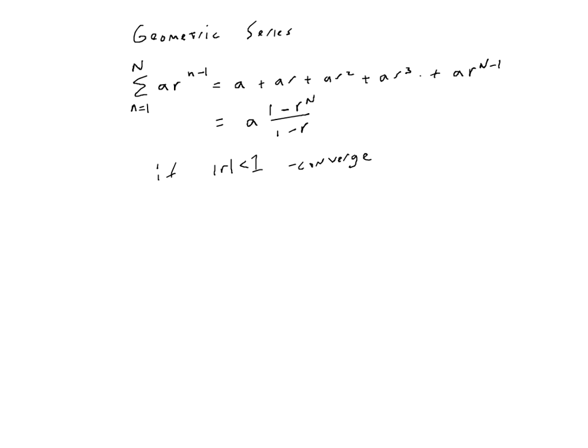If you take a number like 2 to the infinite power, it's going to blow up, in which case it's going to diverge and you're going to have infinity. So if the magnitude of r is less than 1, then your geometric series is going to converge to a over 1 minus r.